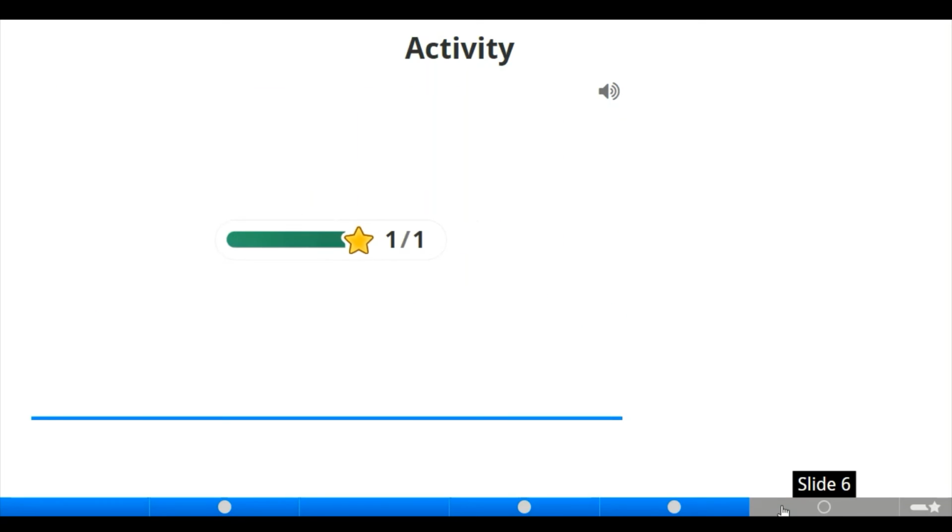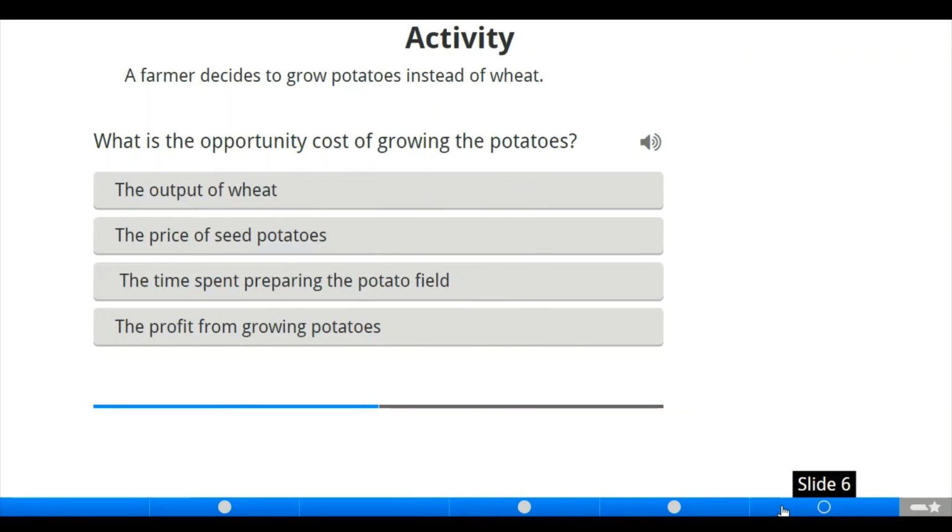Moving to the next slide, where we also have one of your past questions. A farmer decides to grow potatoes instead of wheat. Now let us try this. What is the opportunity cost of growing the potatoes? 1, the output of wheat. Let's move on. The price of seed potatoes, is that so?